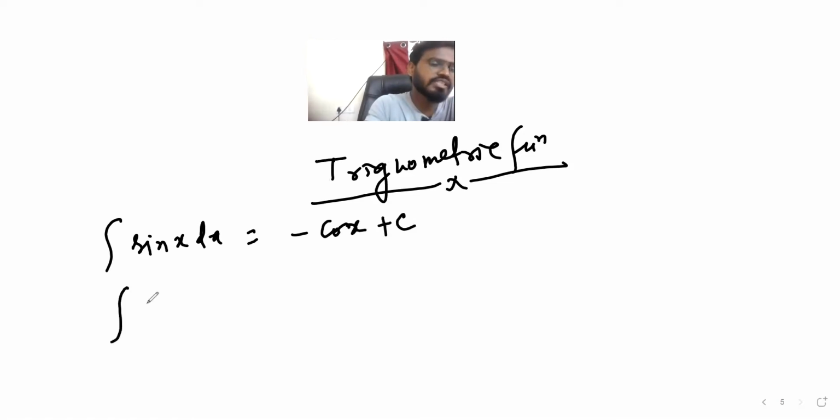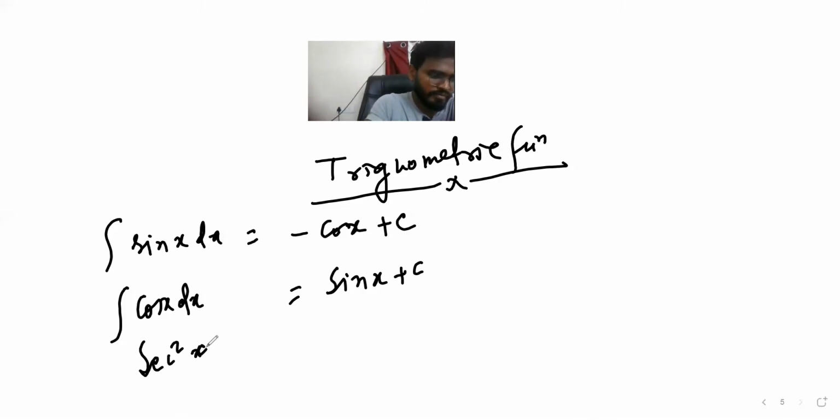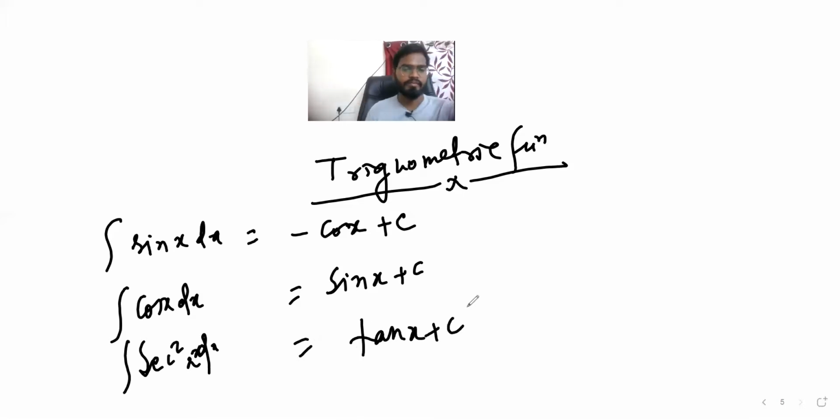Then the integration of cos x dx is sine x plus c. Then secant square x dx is tan x plus c. Yeah, that's it, many things are like that.